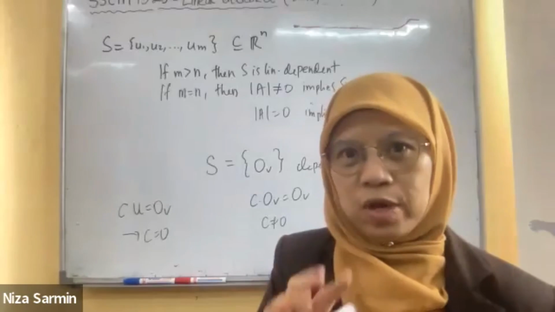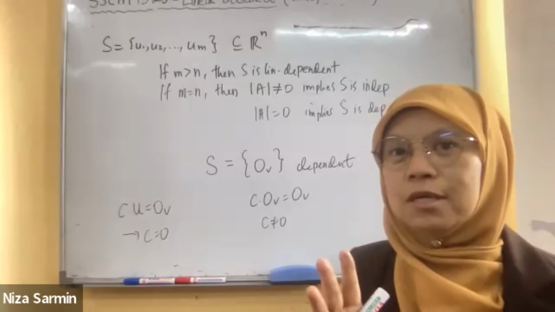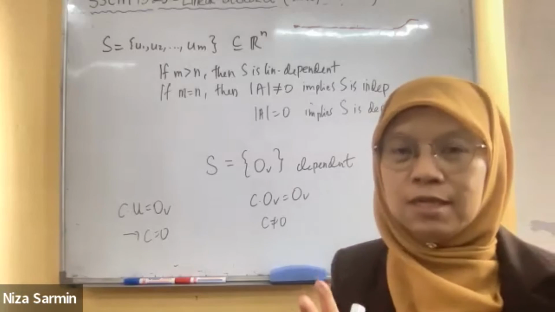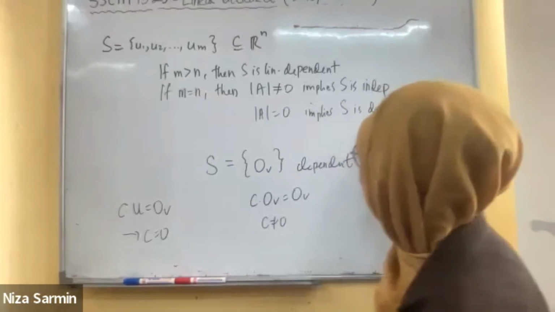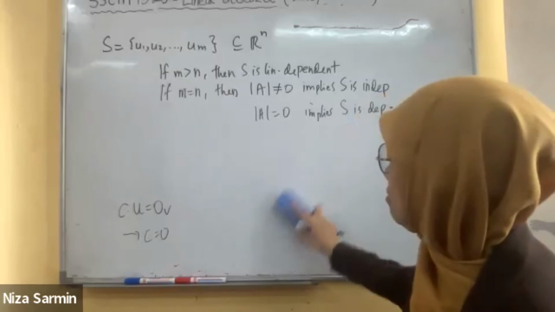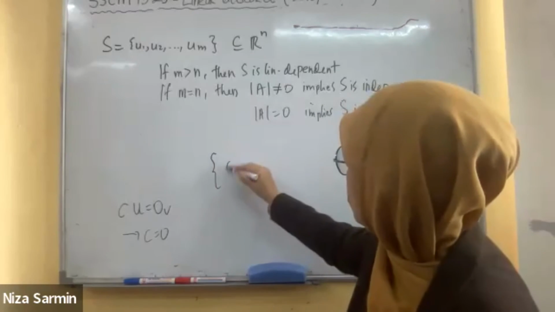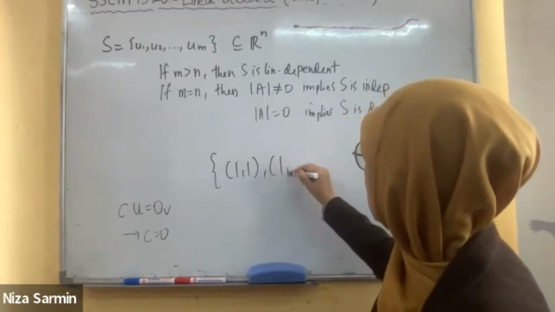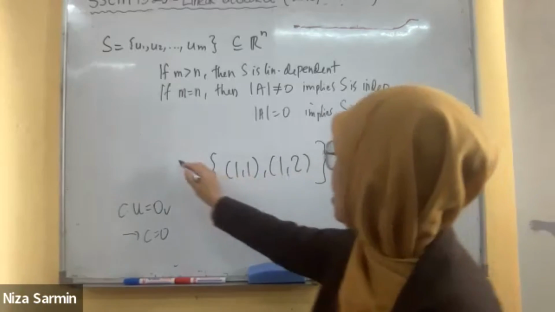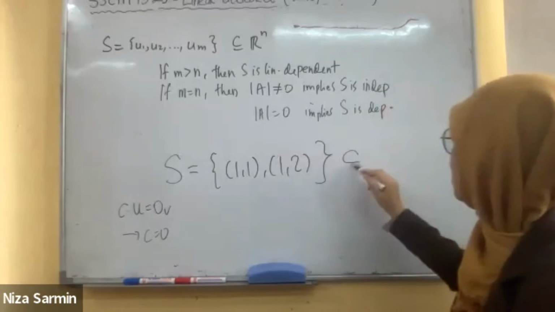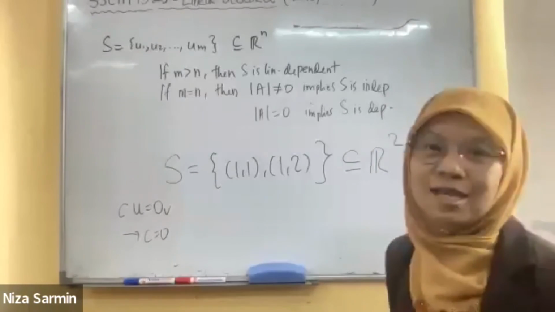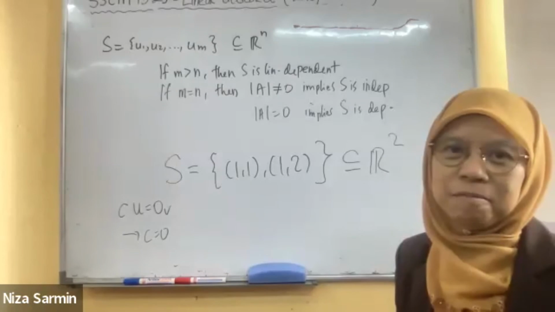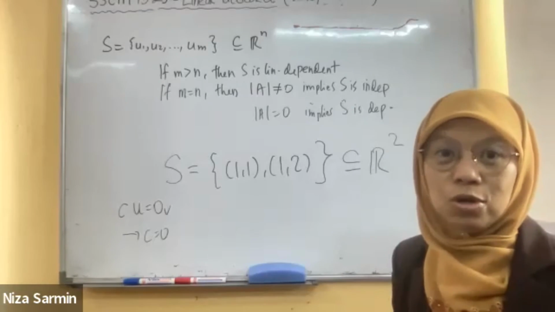So if you have the right number and you can find the determinant, then you go back to chapter 1. You can do it using determinant. If I give you this, you can easily say this is independent, right? Because the determinant is not 0.